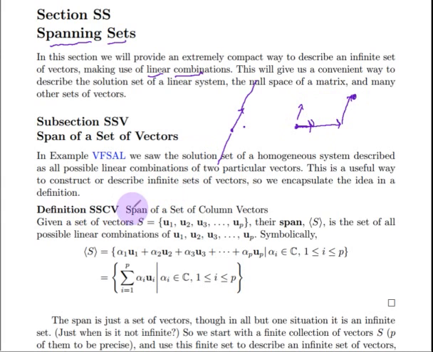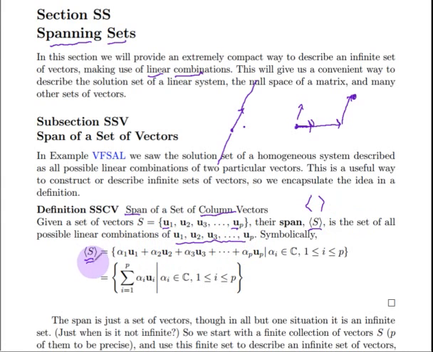Okay, so here's the definition of the span of a set of column vectors. Given a set of column vectors, u1 up to up, the span, written with these angle brackets, is the set of all possible linear combinations of the p vectors. And here's how it's defined.